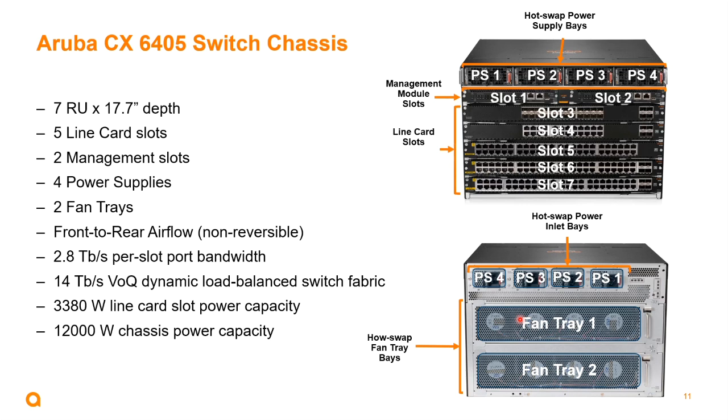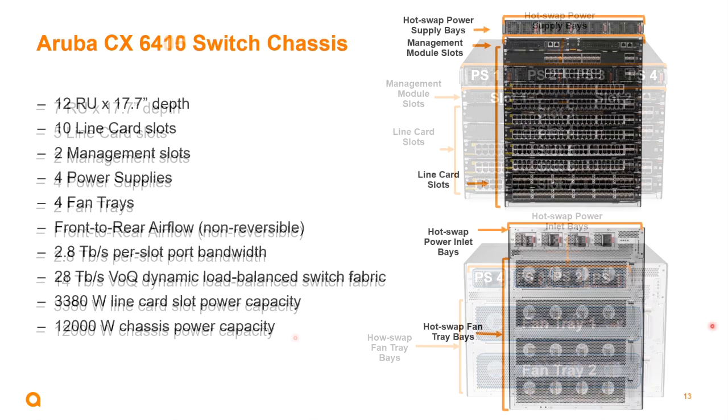And just to complete this in terms of power, we have 3,380 watts line card power per slot, giving us a total of 12,000 watts of chassis power capacity on the 6405.